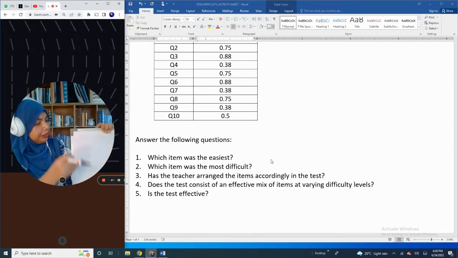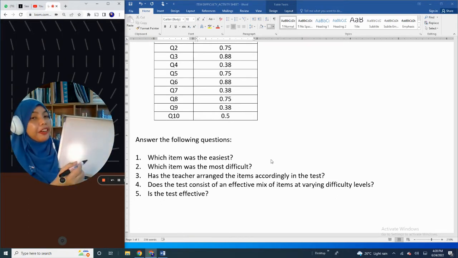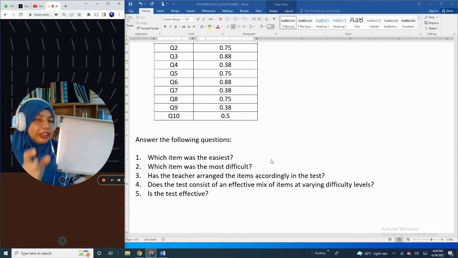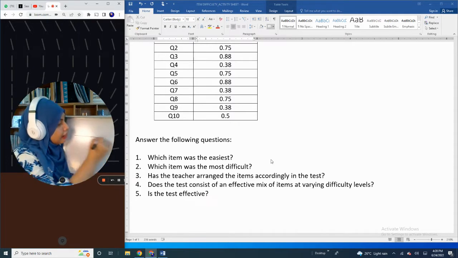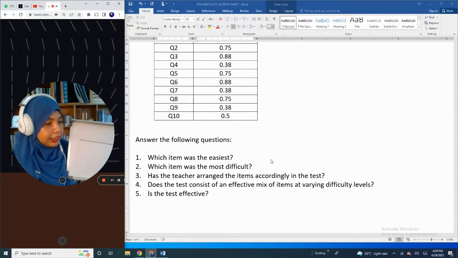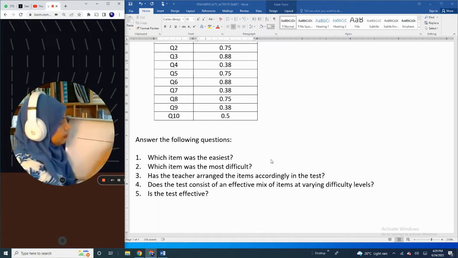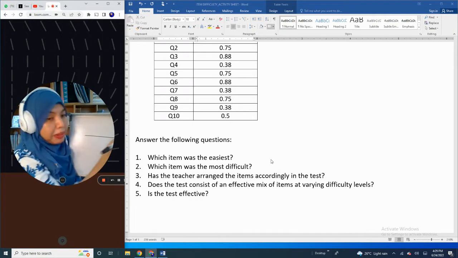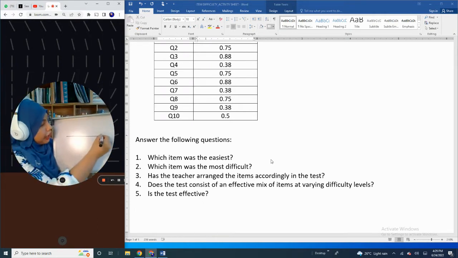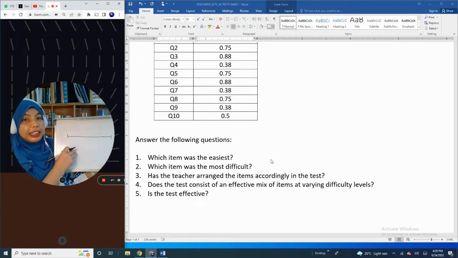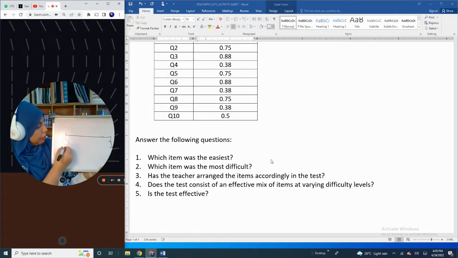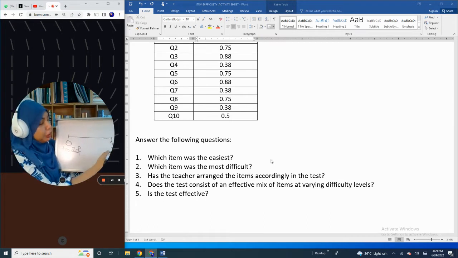If you still remember the cutoff point of item difficulty index between easy items, difficult items, and moderate level of difficulty items. Item difficulty indices range from 0 to 1. 0 means the item is too difficult, and 1 means the item is too easy.